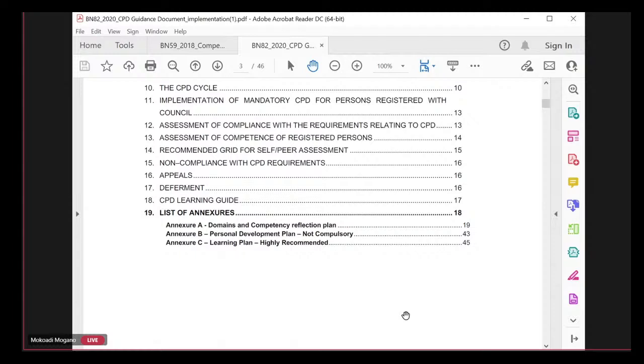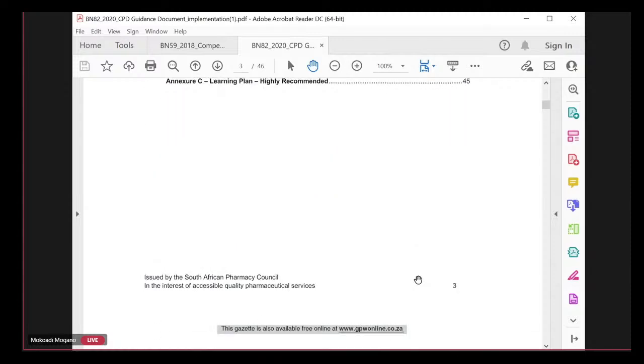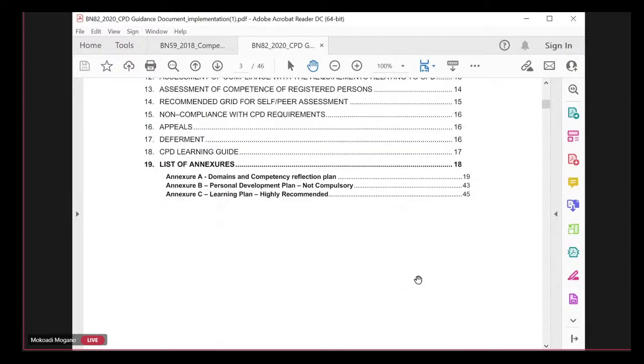If you fall ill and get admitted to hospital, for example, for 3 months, and you are unable to perform or record CPD activities, you are able to request deferment. So all the information is contained in the CPD guidance document. I urge all pharmacists to go and read through the guidance document, right?